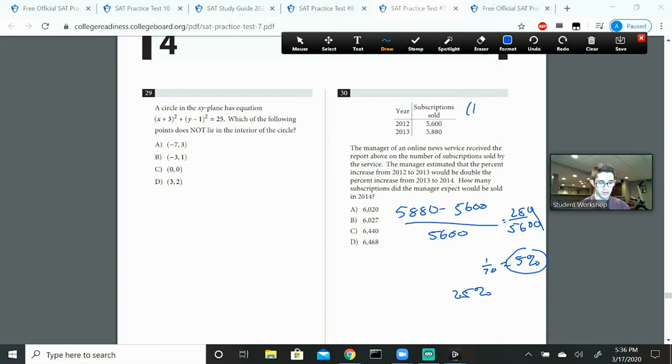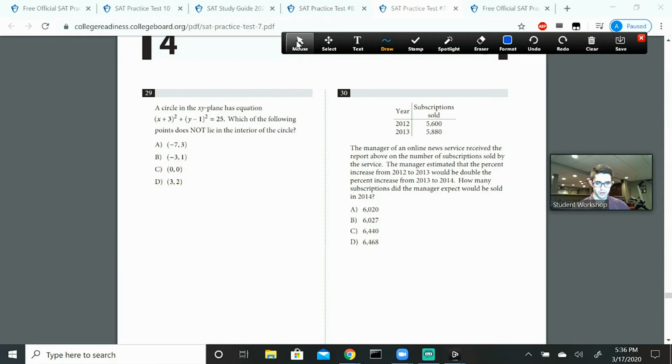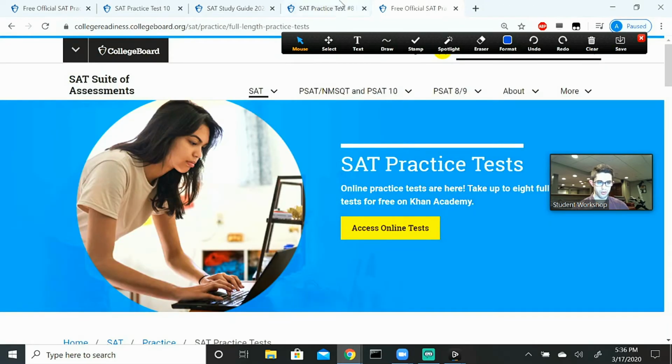So you can use your calculator and type in 1.025 times 5,880. Remember, we take 1, add the percent in decimal form, and that's representing a percent increase. And that's going to end up being 6027. All right. One more test down.